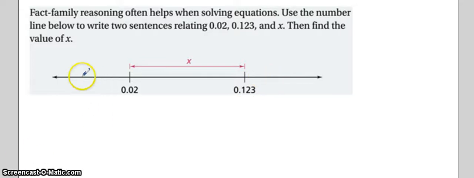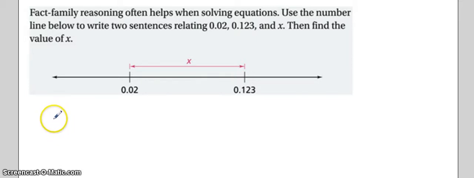Okay, 0 would be over here, so this is a larger or smaller number. This would be a larger number, so x is, we're adding something to it. So we have to find the difference between these in order to figure out what x is. So the first relationship we can describe is a subtraction relationship.